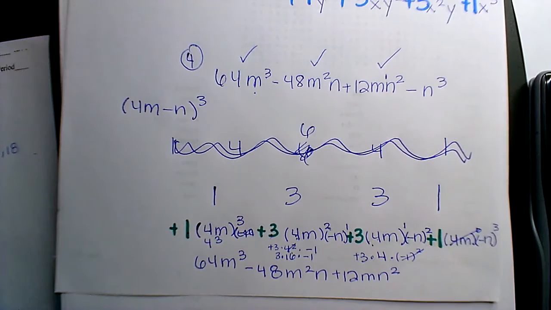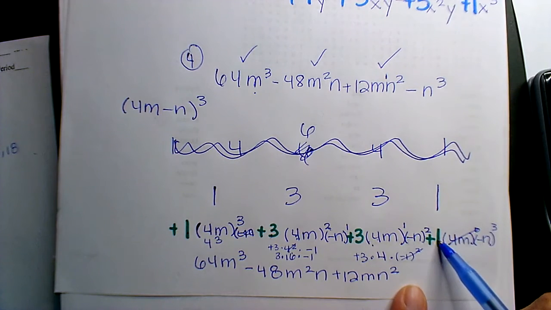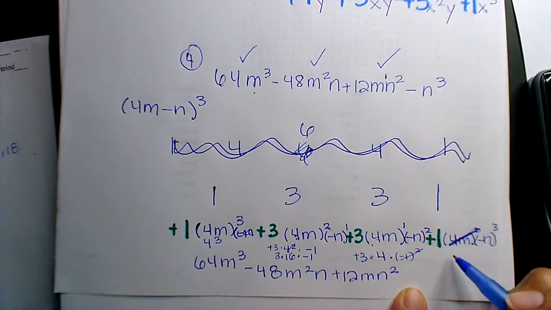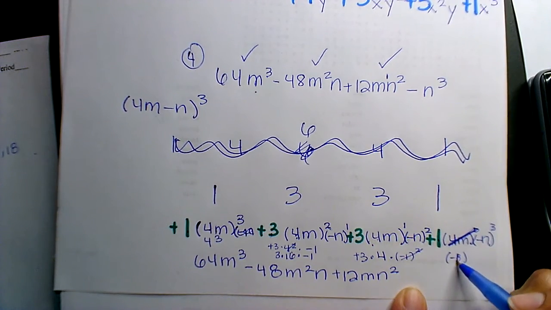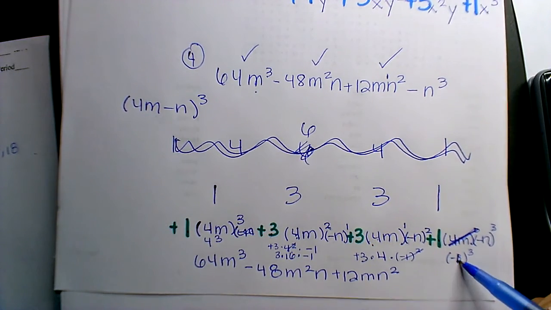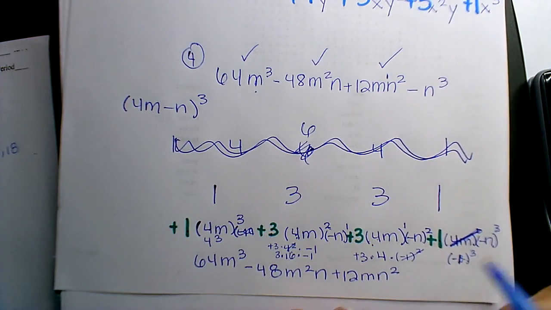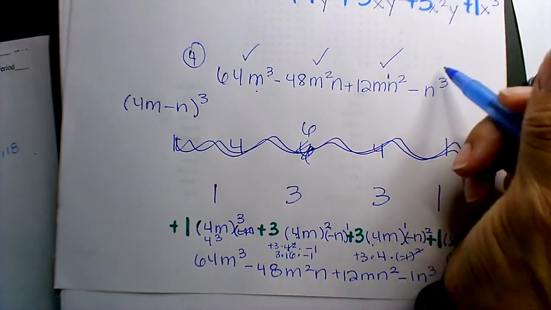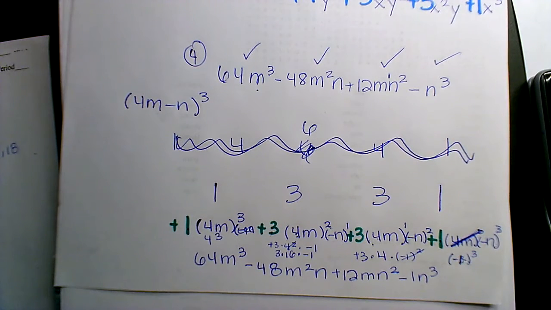And again, Papa has that. And then lastly, you have a positive 1. This is to the 0th power, doesn't even count. And what's negative 1 cubed? Negative 1 times negative 1 times negative 1, that's negative 1 n cubed. And he has it completely right.